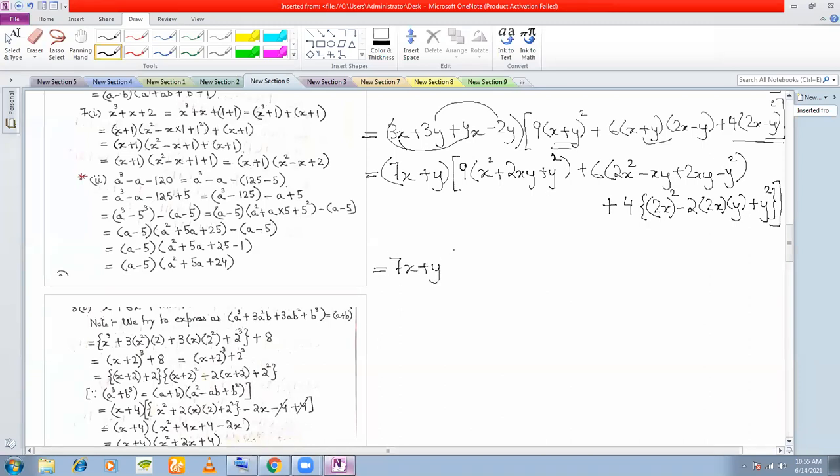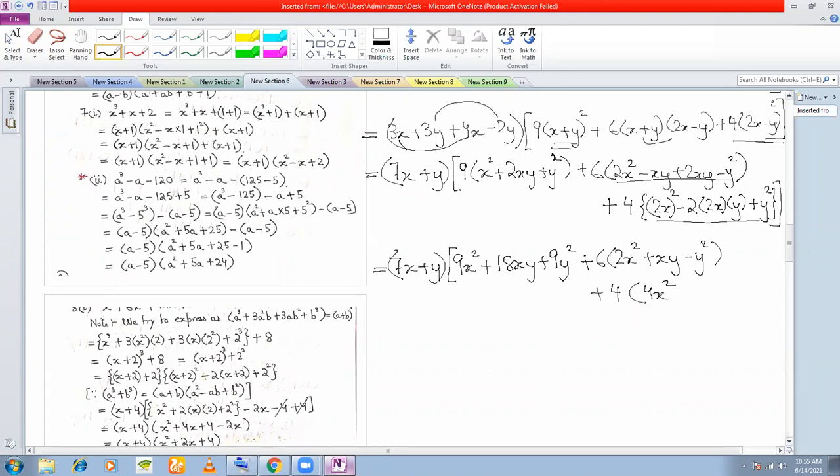You multiply the expression within the box bracket. You have 9x square plus 18xy plus 9y square plus 6 times, just first simplify this part, then we'll multiply, 2x square plus xy minus y square plus 4 times, for this you have 4x square, and you have minus, for this part you have 4xy plus y square.